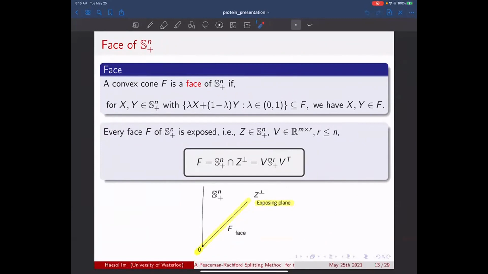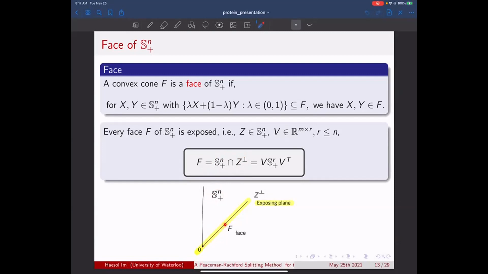One of the nicest properties of the semi-definite cone is that it is facially exposed. This means that whenever we bring a face of a semi-definite cone, it always has this representation: the intersection of the cone itself and a hyperplane intersecting is 0. This is what is going on just pictorially. So we can think of this slice as a positive semi-definite cone.